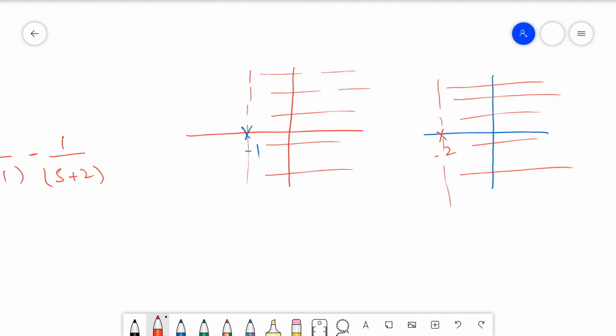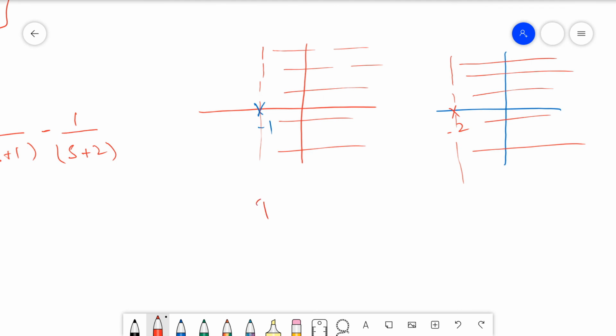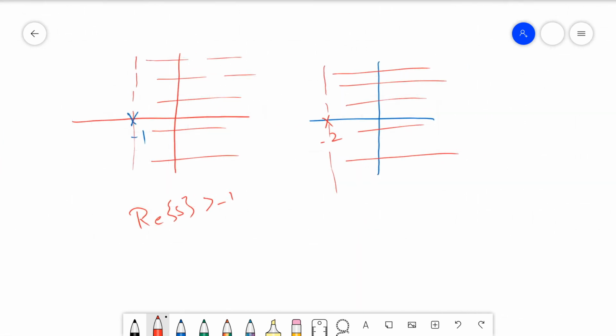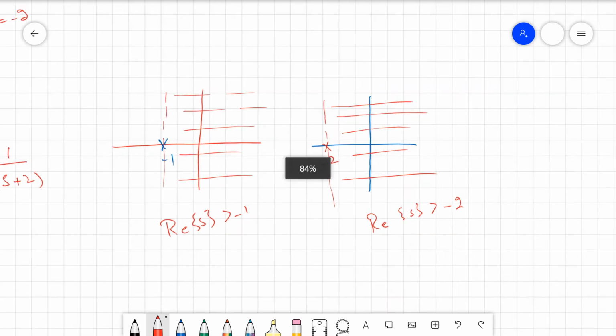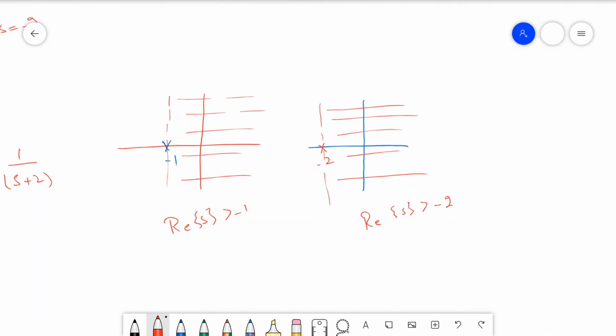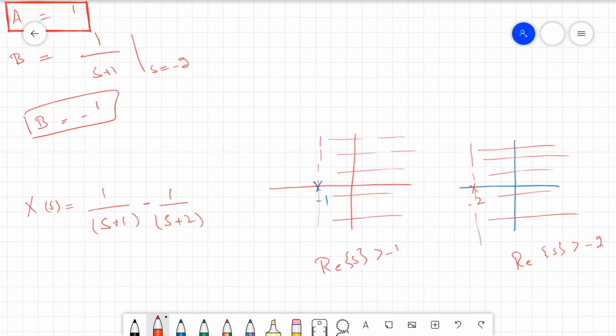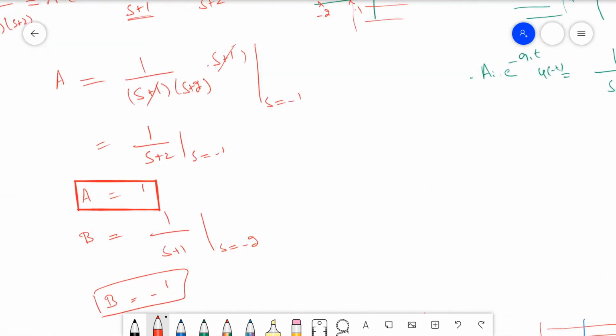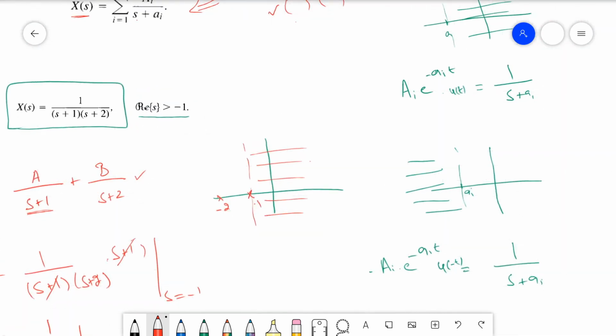The term associated with the -1 pole has the region of convergence as the real part of s is greater than -1, and the region of convergence of this term is real part of s is greater than -2. And we can see that the common part of this is again the same as the region of convergence for X of s drawn here.